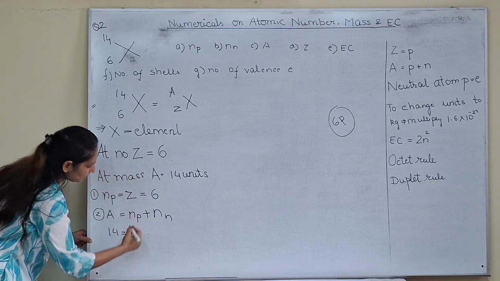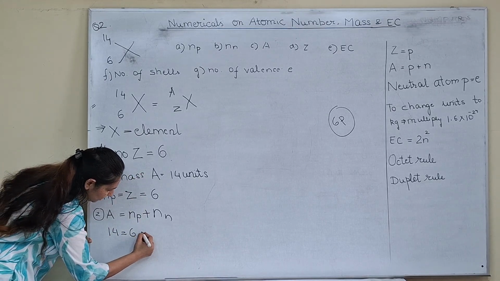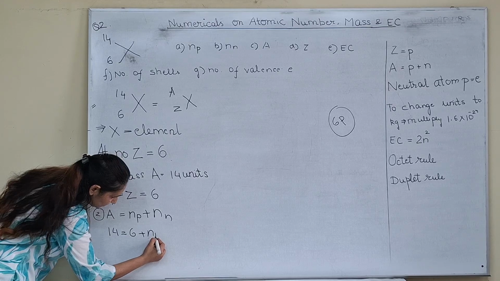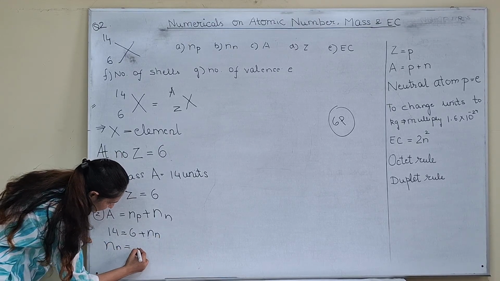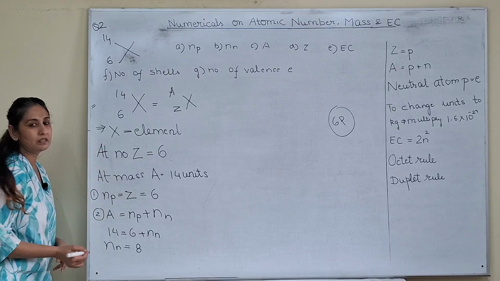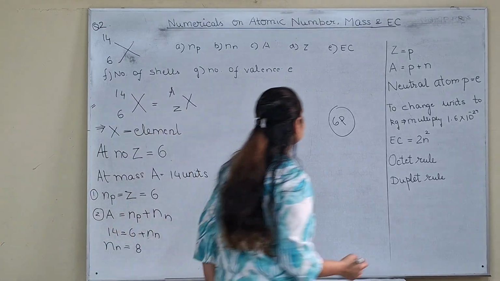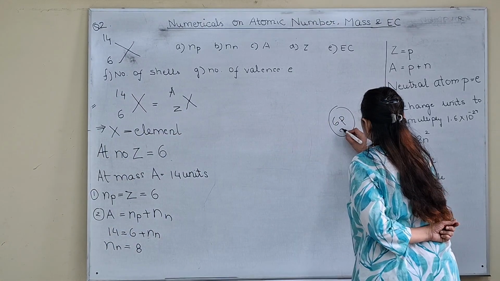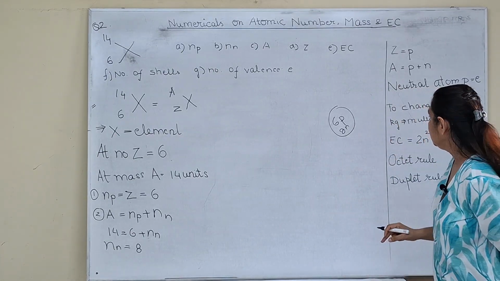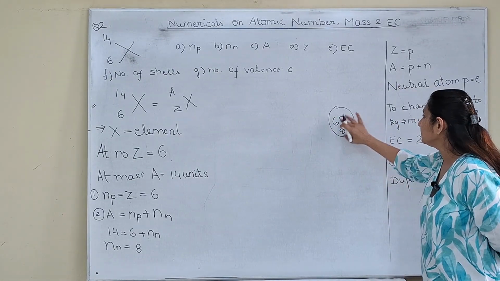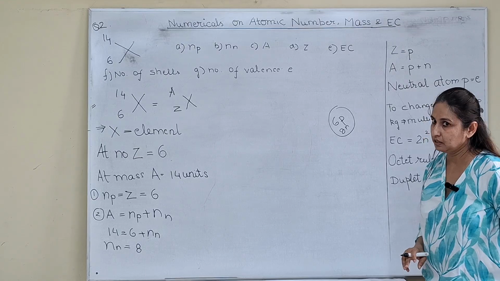Protons we have seen is 6, and neutrons can be calculated. There are 8 neutrons in this nucleus. So there are 6 protons and 8 neutrons, which makes a mass of 14 units.